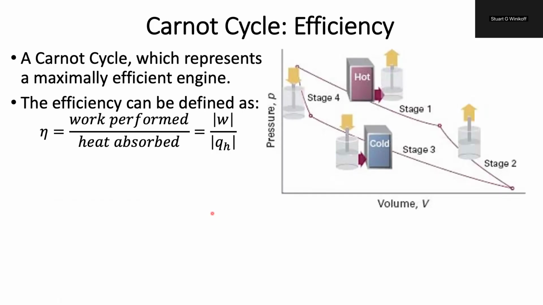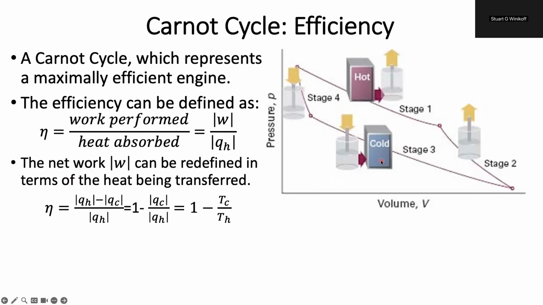Now we can define the efficiency for any sort of heat engine as the ratio of the amount of work I get out of the system versus the amount of heat I have to put into it. So again, ideal world, this would be 1, but remember our second law of thermodynamics says I can't turn all my heat into work. Some of it's going to have to leave into the surroundings.